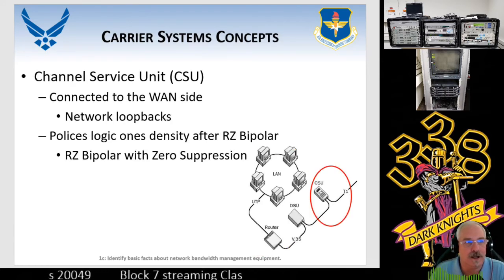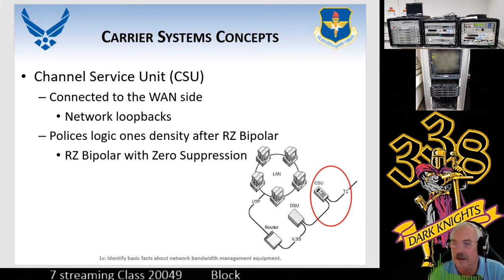The next one we take a look at is CSU, Channel Service Unit. This one is network loopbacks. Again, the internet provider, if it is able to see that when they ping you, they get everything coming back and it's good, then maybe the problem is their end.